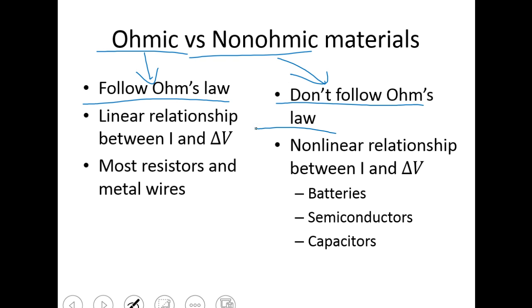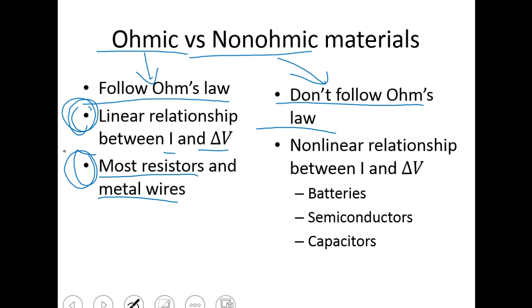For the things that do follow Ohm's law, there's a linear relationship between the current and the voltage difference required, right? And so if one goes up, the other goes up. This works for most resistors, and it works for metal wires, which is great. When we talk about current and circuits, this is really all we're going to focus on.